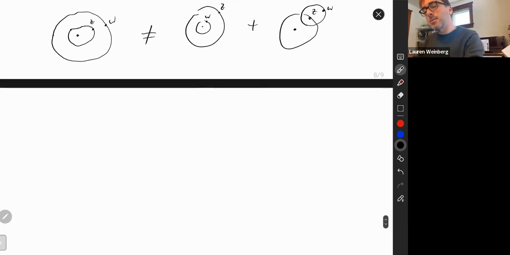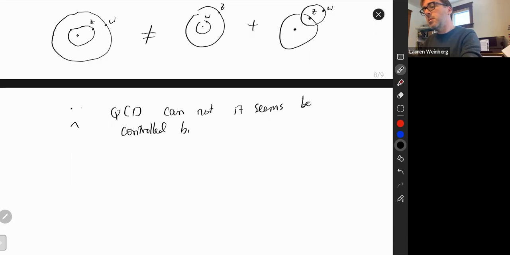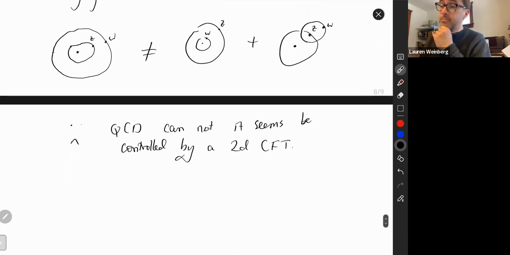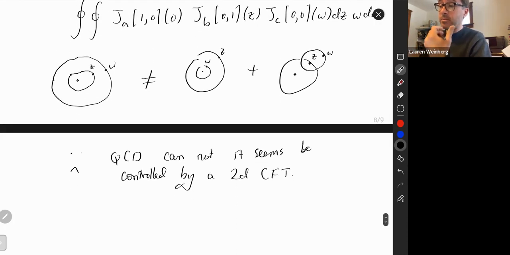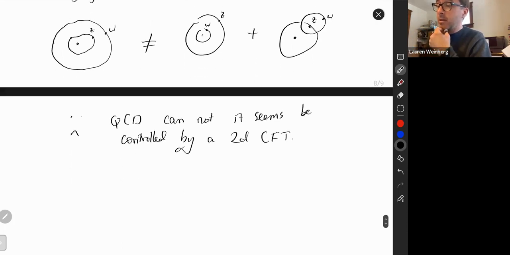So this is not good. It seems like QCD cannot be controlled by a 2D CFT, or even, depending on how you formulate it, self-dual gauge theory.